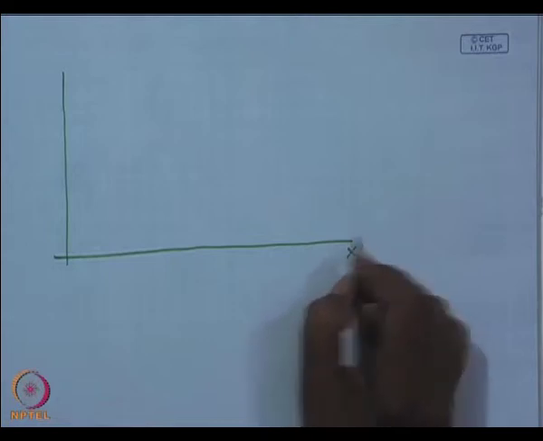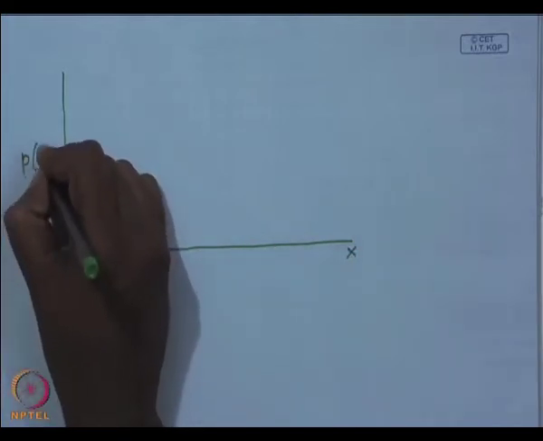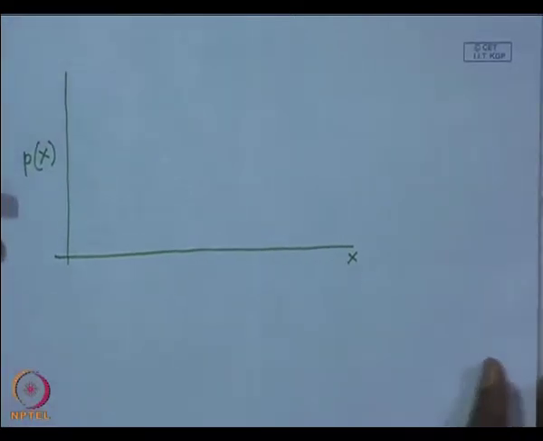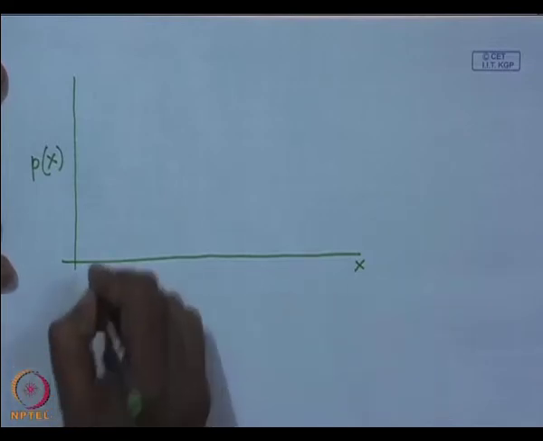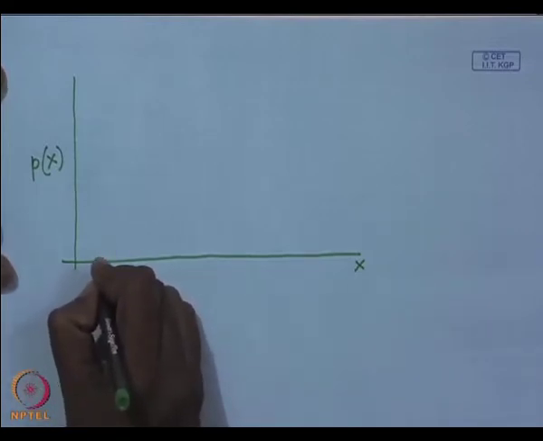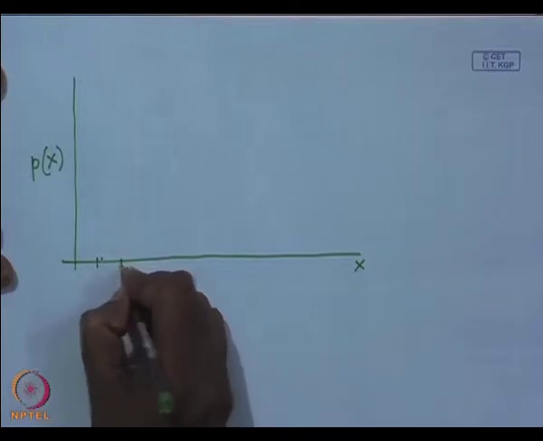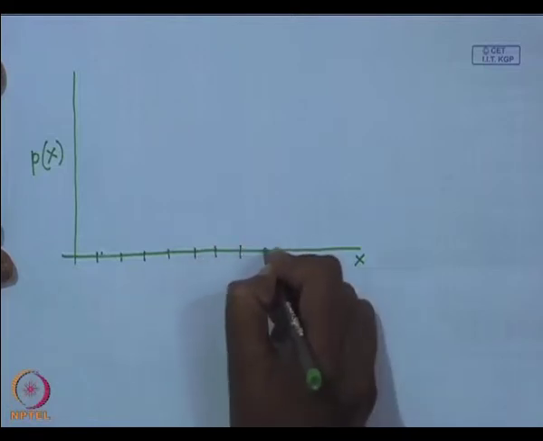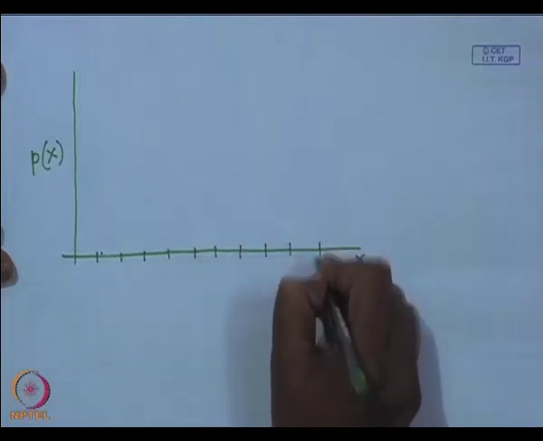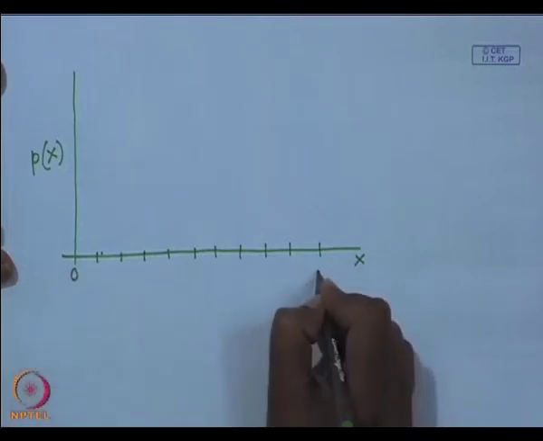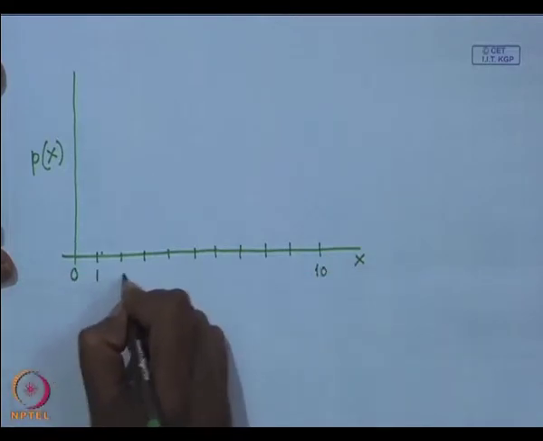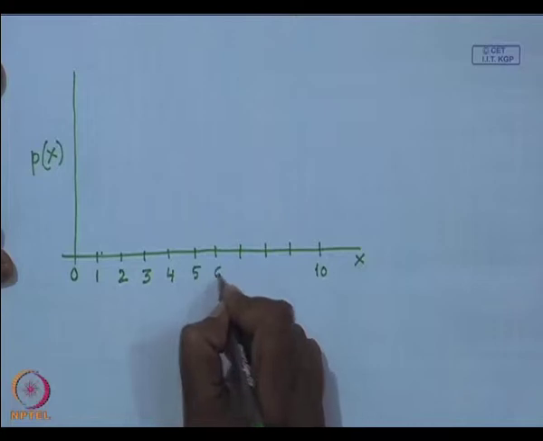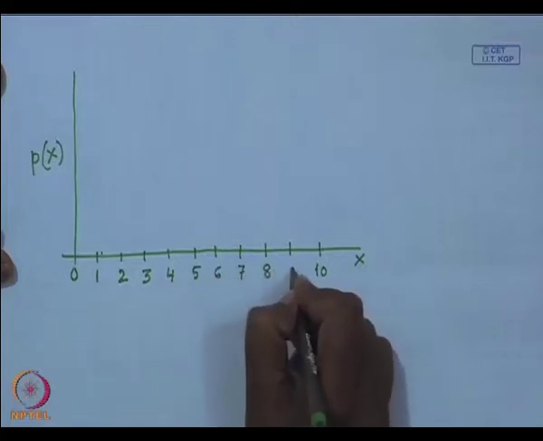So, this is x, and on the vertical axis I want to put the estimated probability density, which is p of x, and this is divided into bins of width 1. So, 1, 2, 3, 4, 5, 6, 7, 8, 9 and 10. Here it is 0, here it is 10.